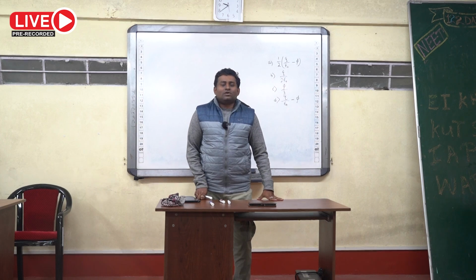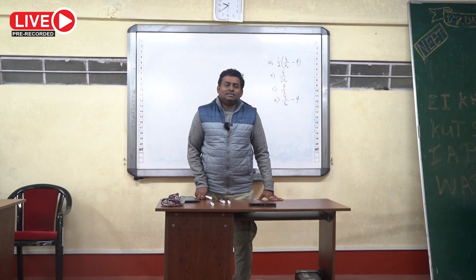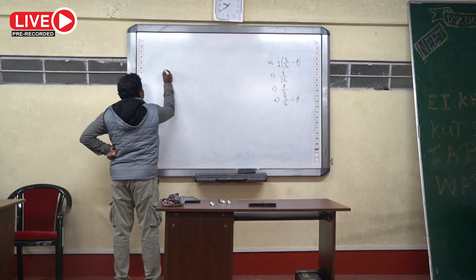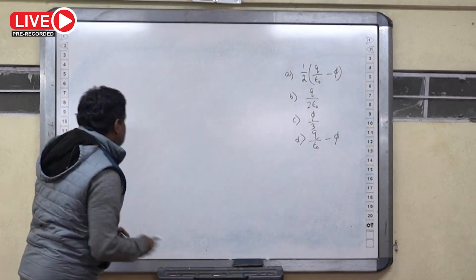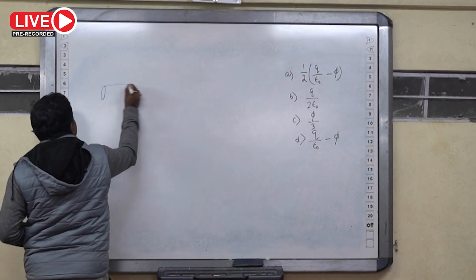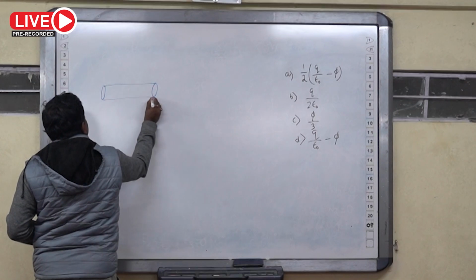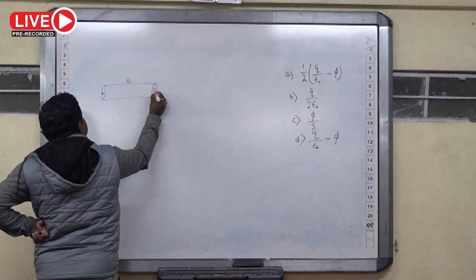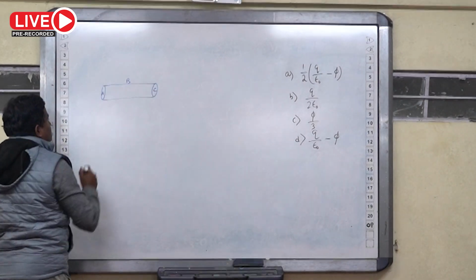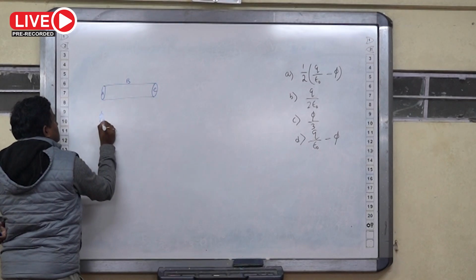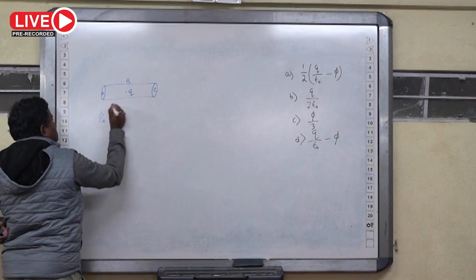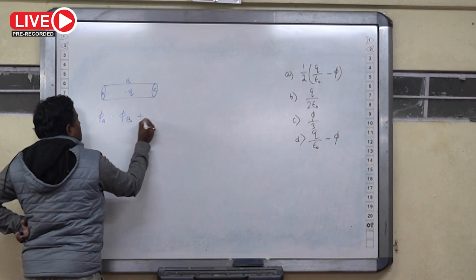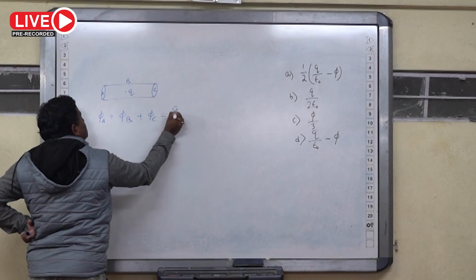How much charge is enclosed by the cylinder? Q. So if this is a cylinder, we consider this surface is A, this curved surface is B, and this is taken as C. So phi A plus phi B plus phi C, that is the total flux, equal to q by epsilon naught.